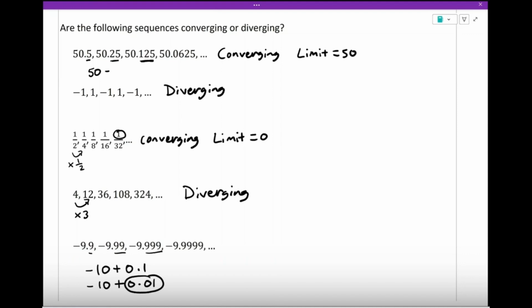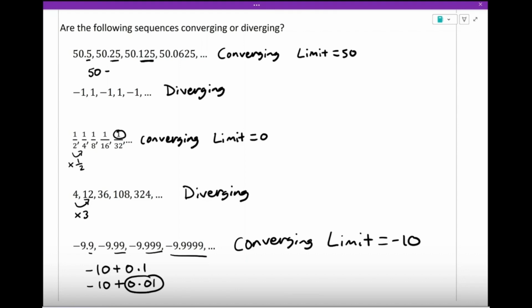So this value we're adding on is going to get smaller and smaller. We're dividing by 10 each time. However, because we're dividing by 10 each time, these values are never going to reach 0. So the terms in the sequence are just going to get closer and closer to negative 10 because we're adding on a smaller value each time. The value we're adding on is never going to reach 0, so we'll never actually reach negative 10, but that's fine. This is going to be converging, and we would say that the limit is negative 10.